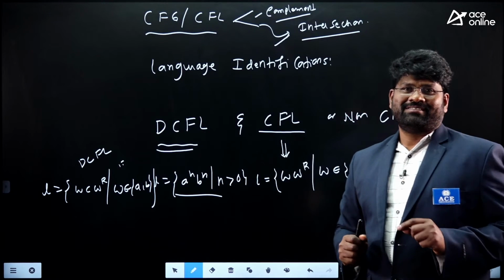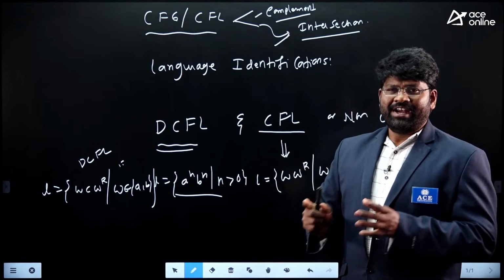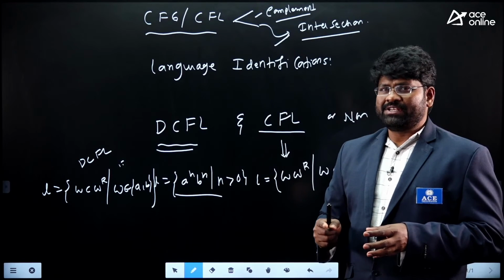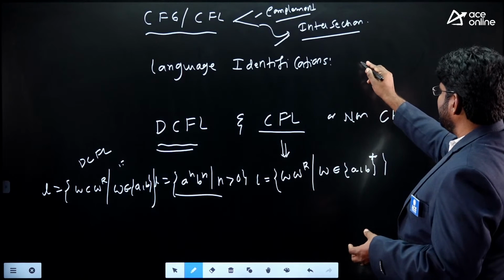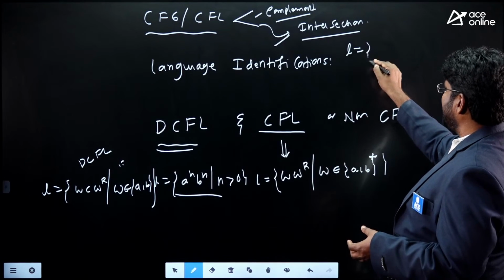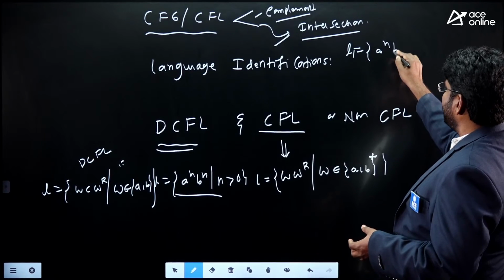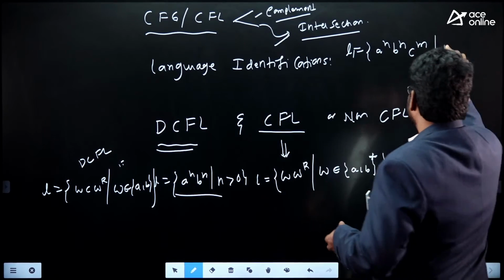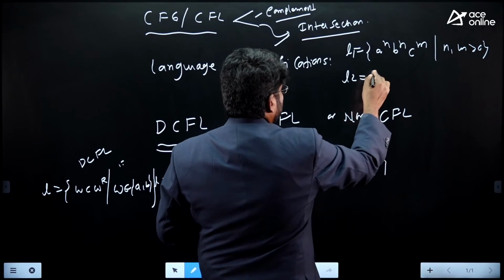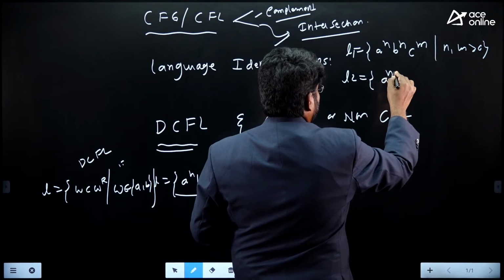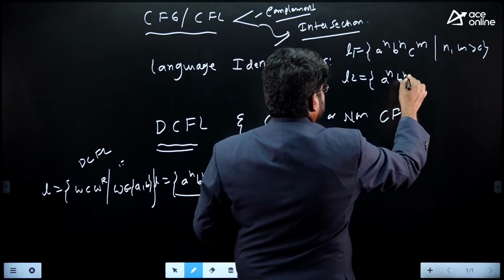And intersection: if L1 and L2 are both CFLs, their intersection is not necessarily a CFL. For that we always use one important language combination: L1 = a^n b^n c^m, such that n and m are greater than 0, and L2 = a^m b^m c^m.